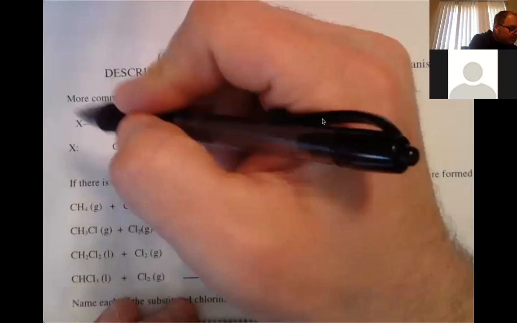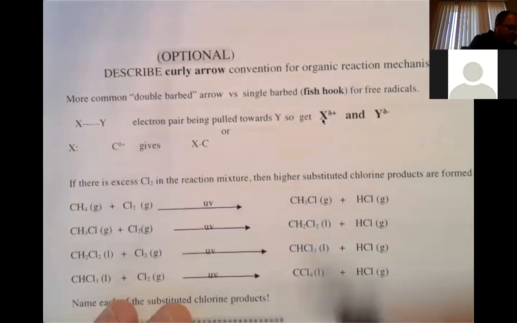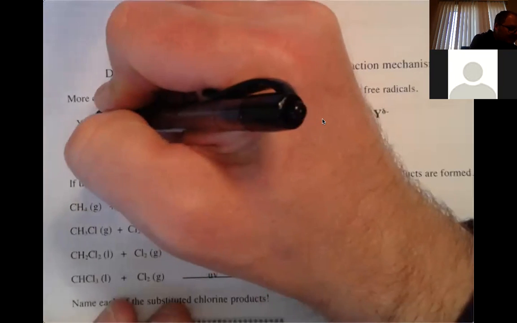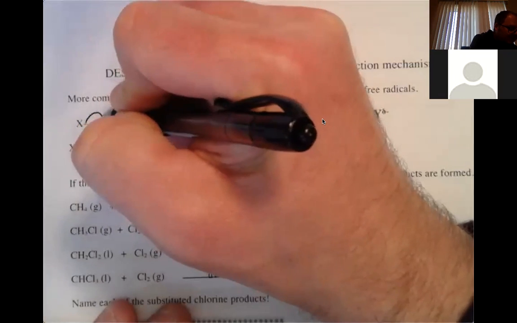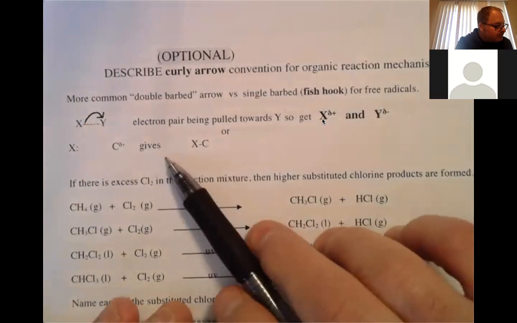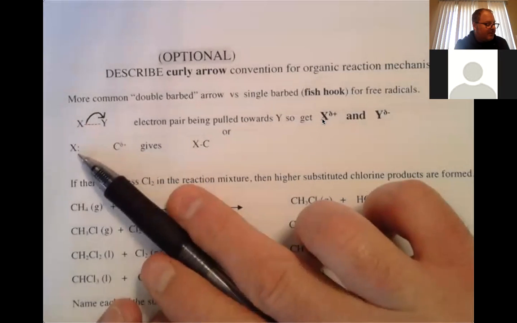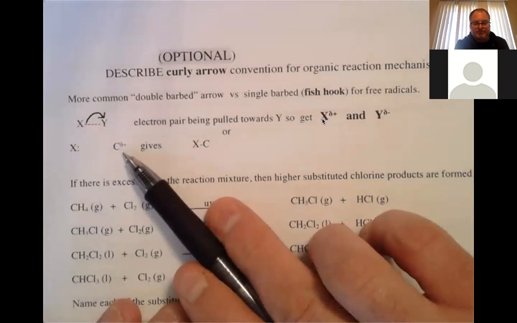So in this case, it looks like Y is getting the electrons, so you would do both of them. You would do the double barbed arrow. And then this is a nucleophile, and this is an electrophile.